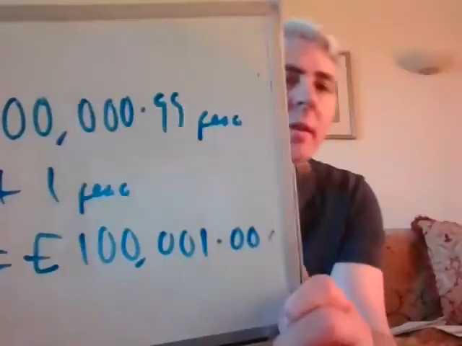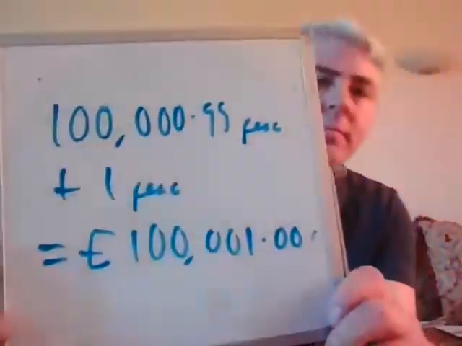Right, I just want you to see another money sum there. Yeah, 100,000 and 99p plus 1p. And the answer is 100,001, just like that.